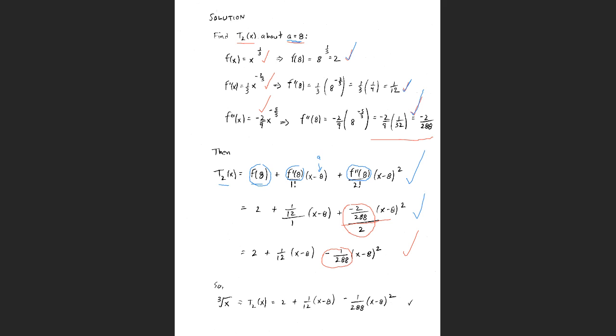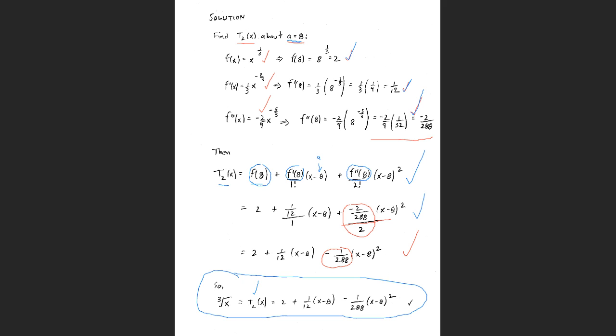Okay. And so we say that the cube root of x is approximately equal to the second degree Taylor polynomial, which is 2 plus 1/12 times x minus 8 minus 1 over 288 times x minus 8 squared.